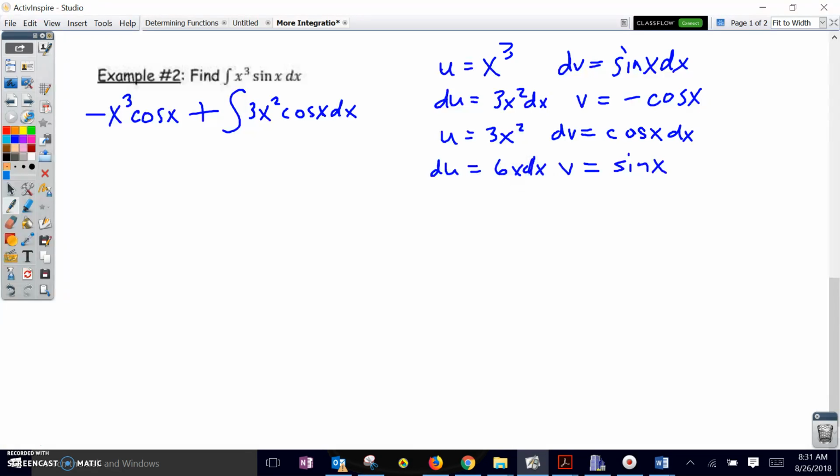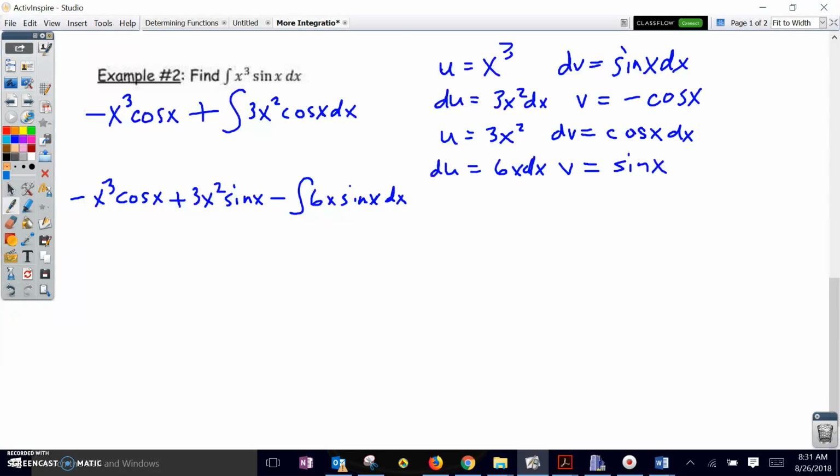There we go. And so now this becomes negative x cubed cosine of x plus, alright, let's see, uv is 3x squared sine of x minus the integral of v du, integral of 6x sine of x dx.